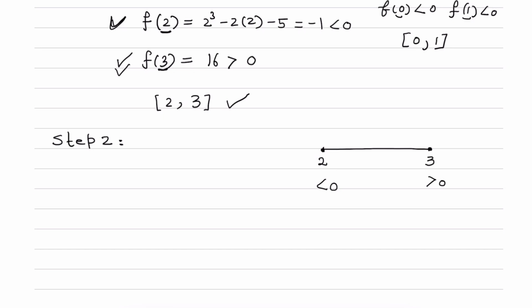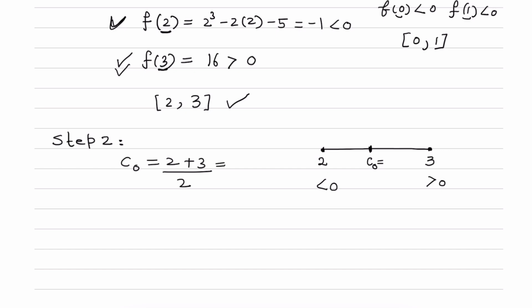That's the interval, and less than 0 and greater than 0 are the signs of the function values at these two numbers. Now we have to bisect this interval, which means halve it. We denote this half point by c naught, and we find c naught as the average of the two endpoint numbers, 2 plus 3, halved. Your calculator is already fixed to 2 decimal places.